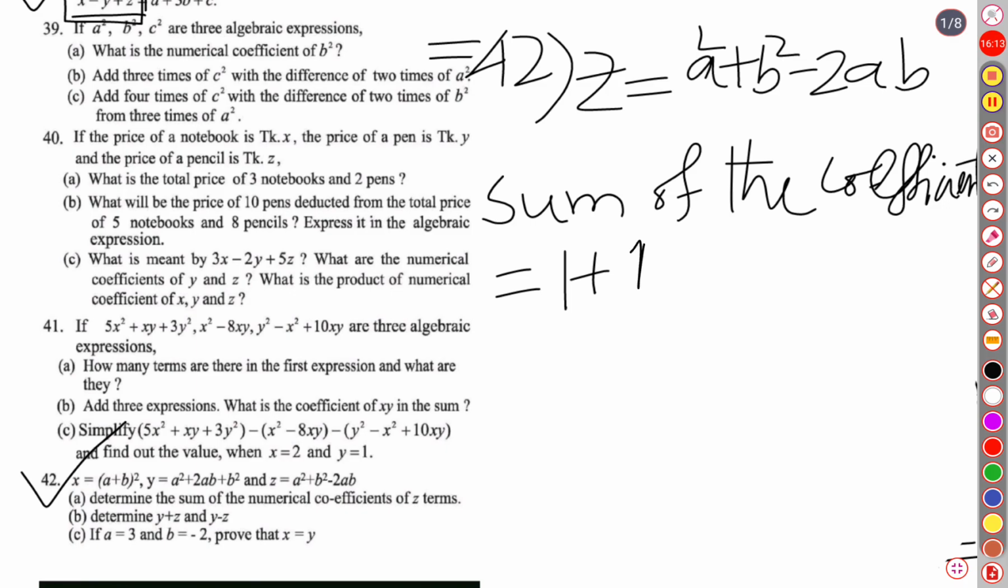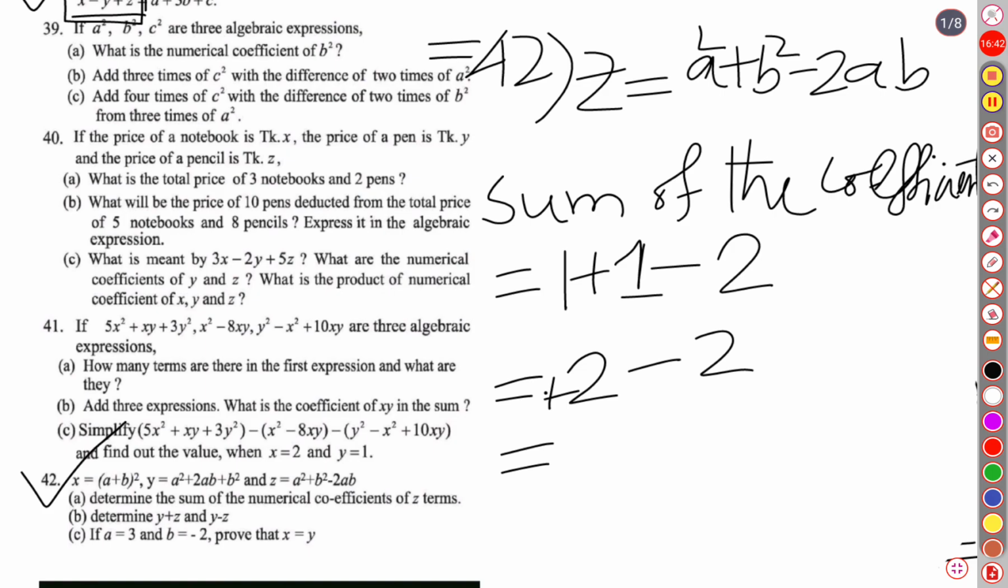Then numerical coefficient of the third term is actually negative 2. So it is going to be actually 0, because let me explain elaborately. So 1 plus 1, both of them are having same symbol, so it will be addition, but the second one will remain unchanged. Now if we do addition and subtraction, the first one is having plus symbol whereas the second one is having negative symbol.